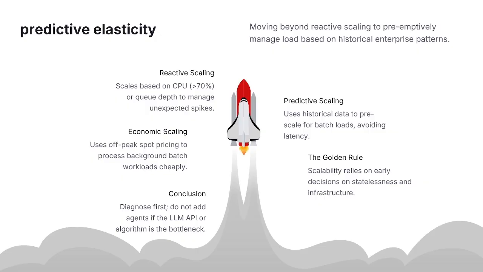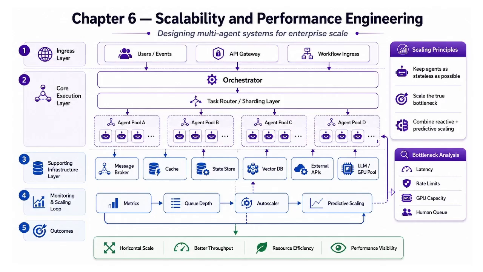So guys, let's look at the visualization of this architecture that I attach here. So we have scalability and performance engineering, designing multi-agent systems for enterprise-scale operation. Stage one of the architecture for scalability and performance is the ingress layer.